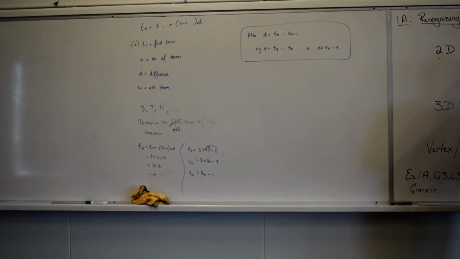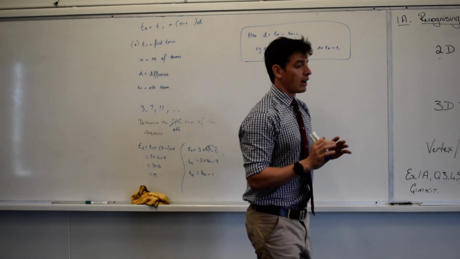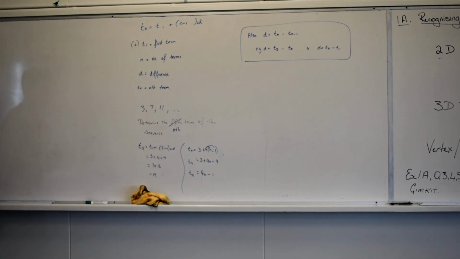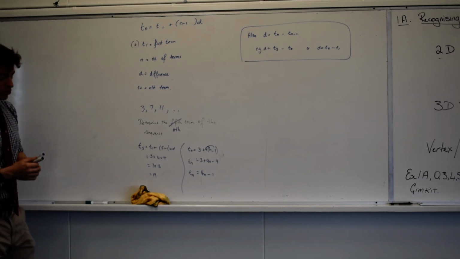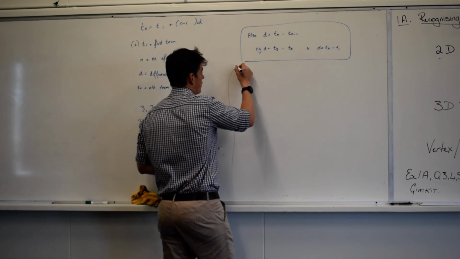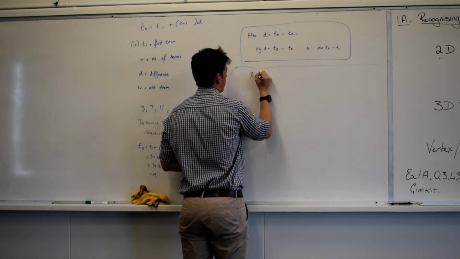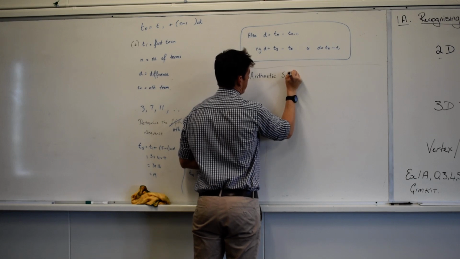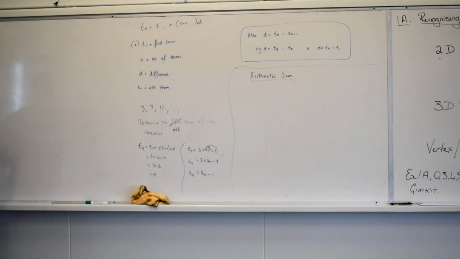Cool? Happy with that? Who's feeling comfortable with arithmetic sequences? We can find any variable, we can rearrange. Sweet? Good. So there's one more equation we need to learn, and the process is very similar. You understand the concept, it's just the equation. And that's where rather than asking for a specific term, it's asking for the sum of the first 7 terms or whatever it might be.